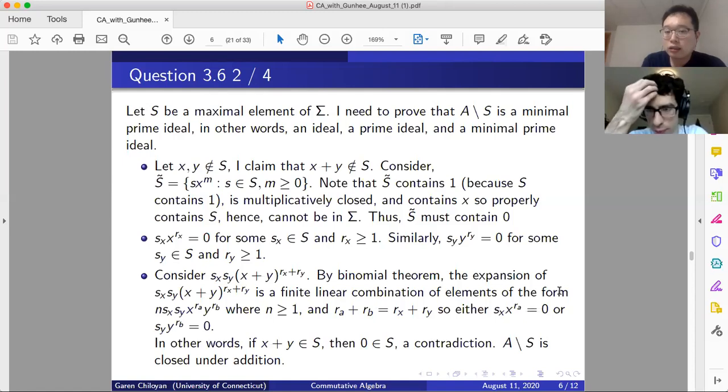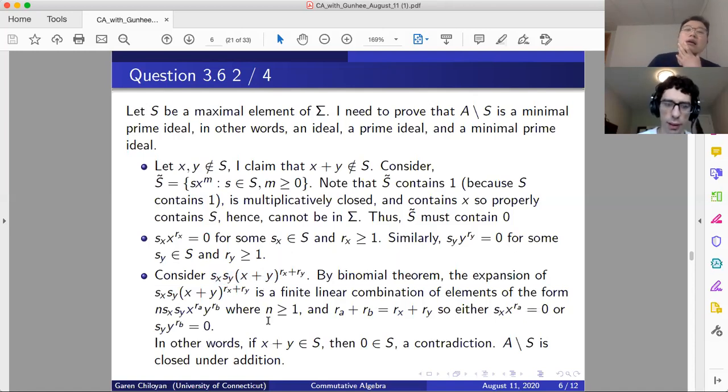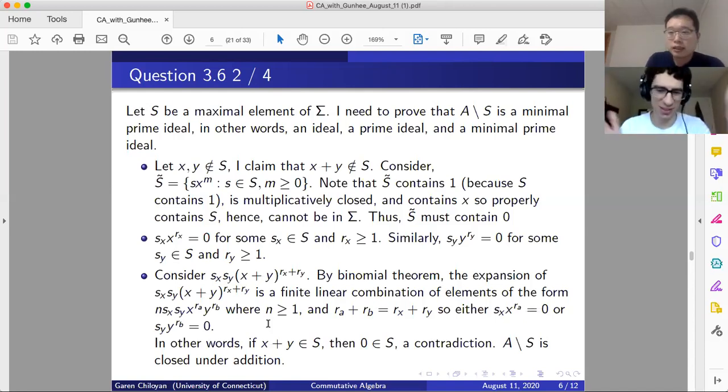Why, under the assumption that x plus y belongs to S, does that imply 0 must be inside of S? So look at this product. Can you see it on this screen? Yeah, I can see it. This is actually equal to 0. Got it, I'm sorry, this is not a good way to do math. Understood, thanks.